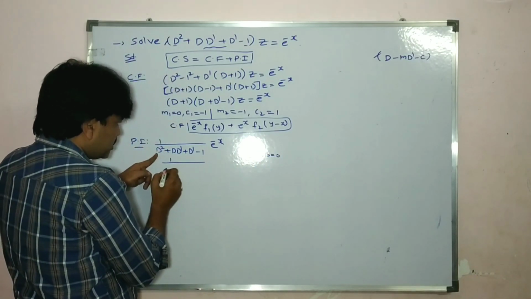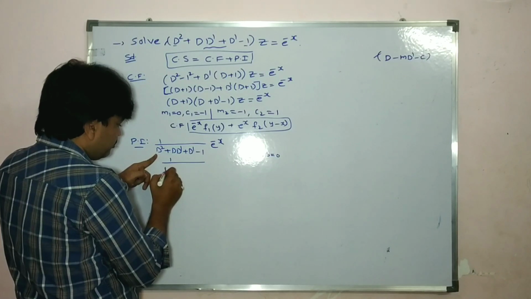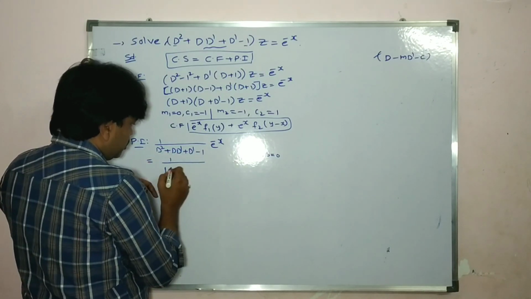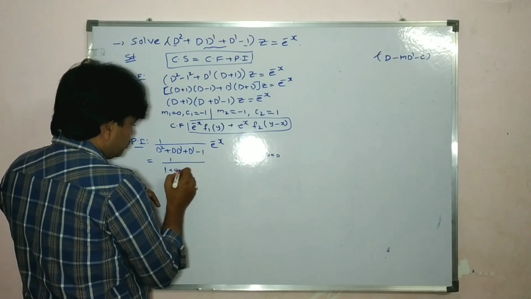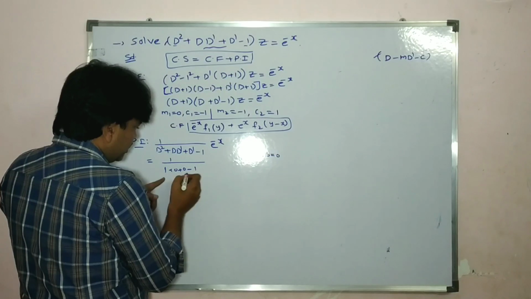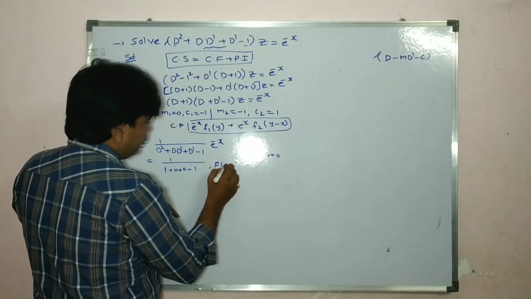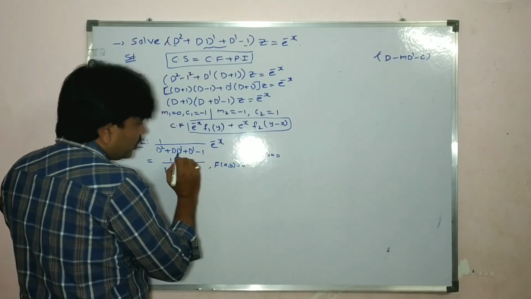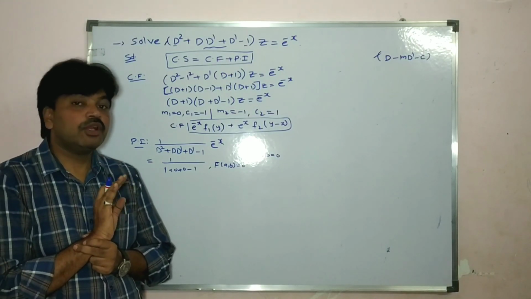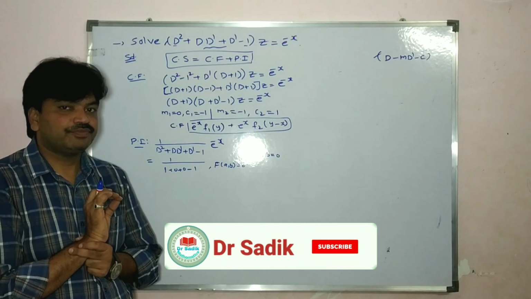So here we get (minus 1) squared, plus D' replaced with 0, minus 1. That is 1 minus 1, which means f(a, b) is equal to 0. Now, students, now.